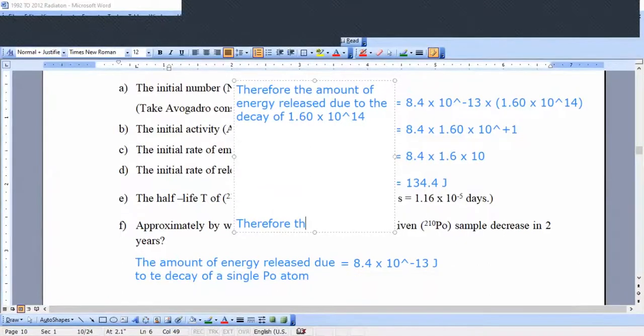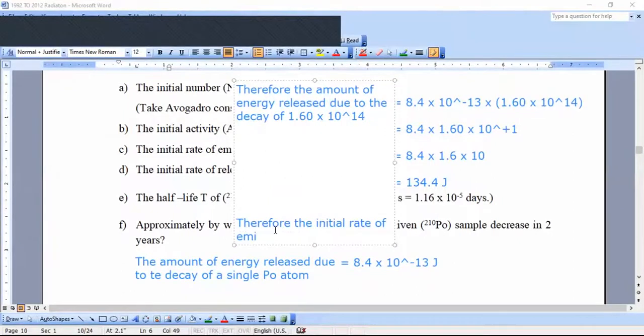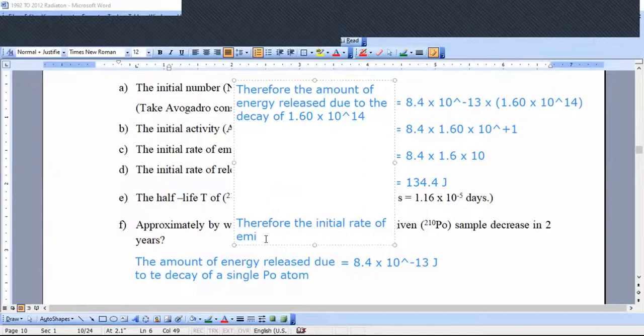Therefore, the initial rate of emission of energy.